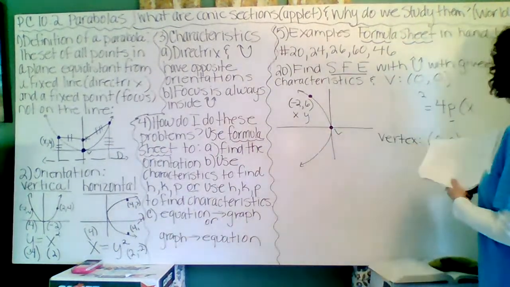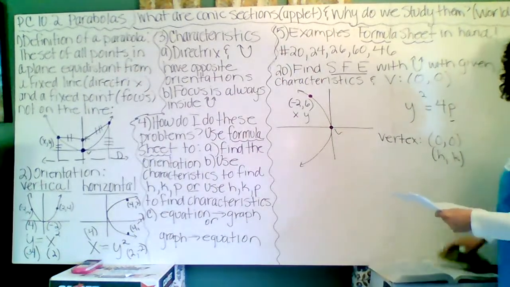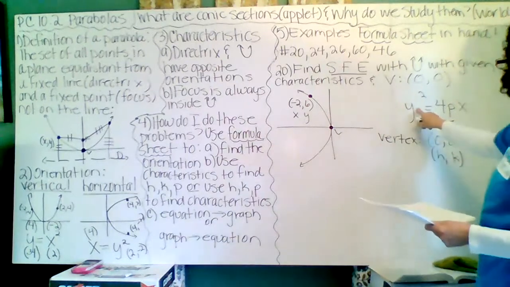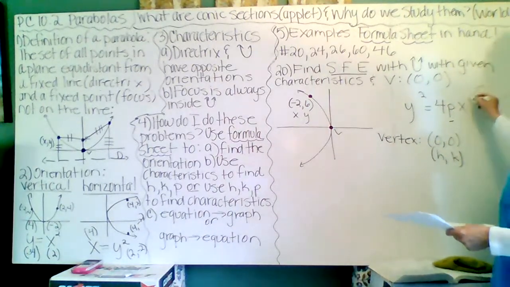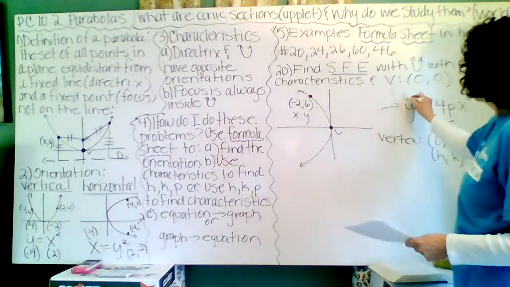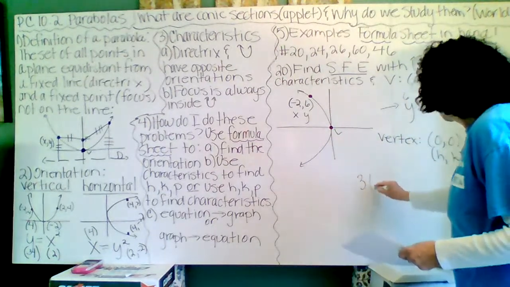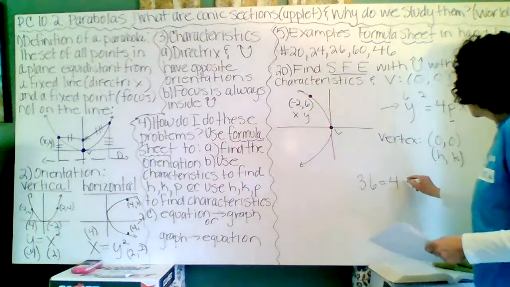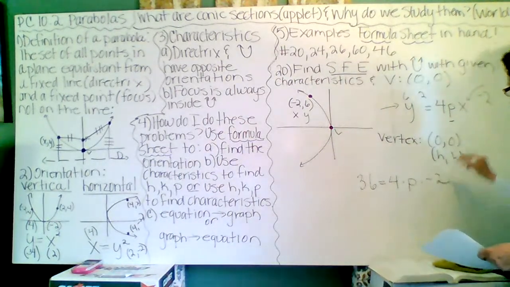So here's y squared, and there we go in our x. Again, I didn't need the -0 here or here. So I am going to put in -2 for x and 6 for y, and I'll do that math here. 6 squared is 36 equals 4 times P. My x is a -2.